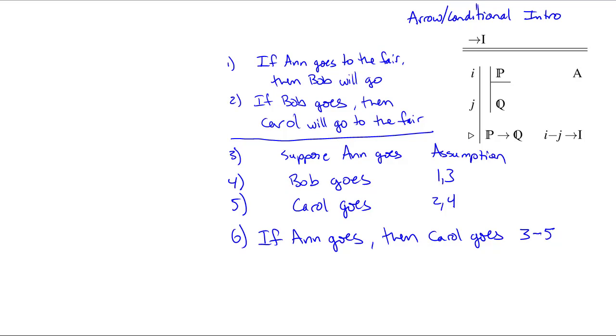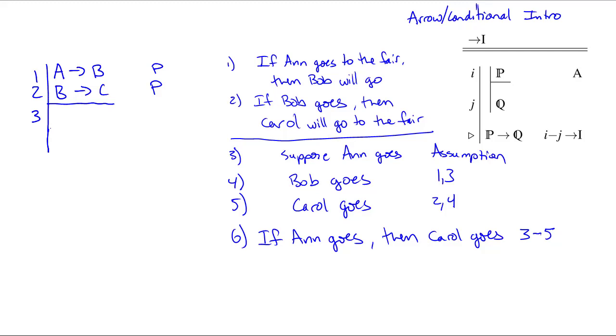What this will look like in the symbolic parallel is the following. If Anne goes to the fair, then Bob will go. That's a primary assumption. If Bob goes to the fair, then Carol will go. That's another primary assumption. Now notice, the primary assumptions 1 and 2 neither tell us that Anne goes, nor that Bob goes, nor that Carol goes.